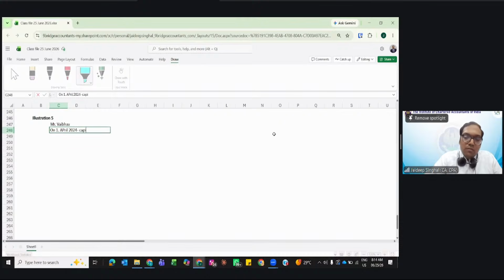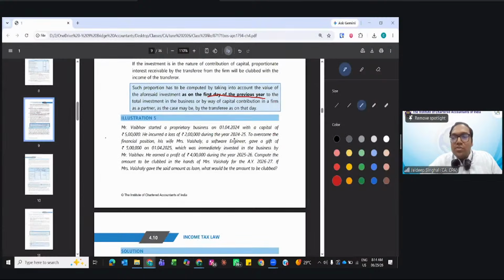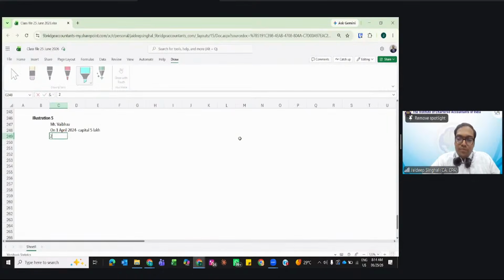There was a capital of 5 lakhs, right? Now, he incurred a loss during 2024-25. Incurred loss of how much? 2 lakhs. Incurred loss of 2 lakhs.